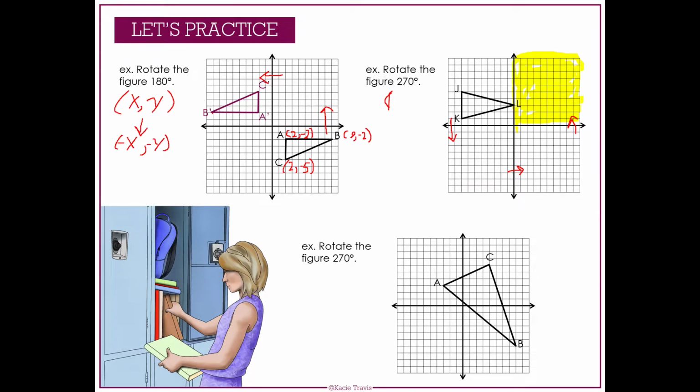Oops, sorry. Erasing. All right, so x and y switch around to where y is positive and in the front, and x is negative and in the back.